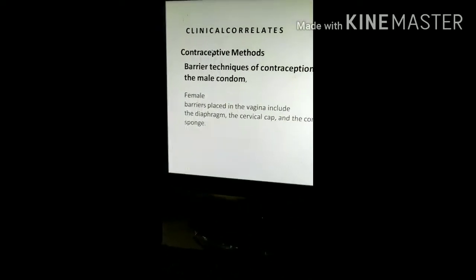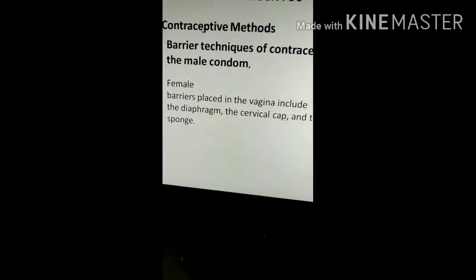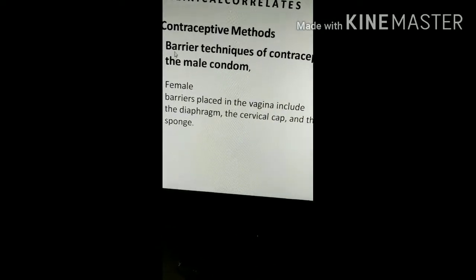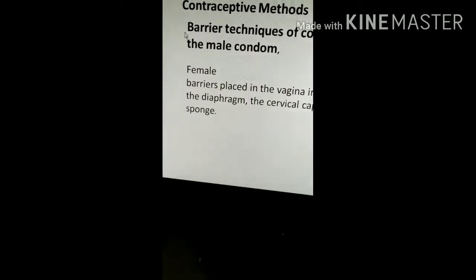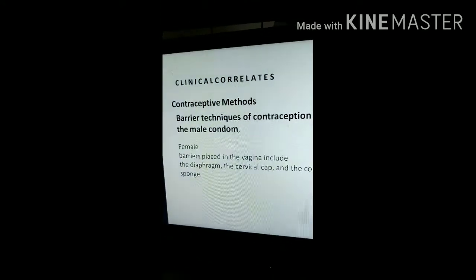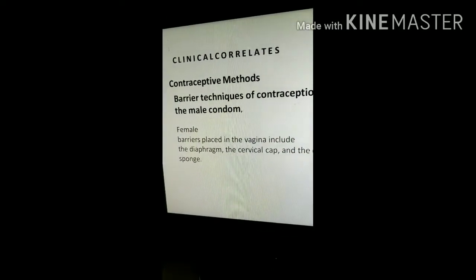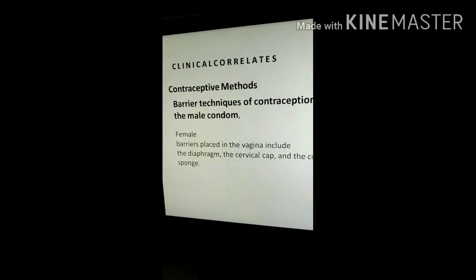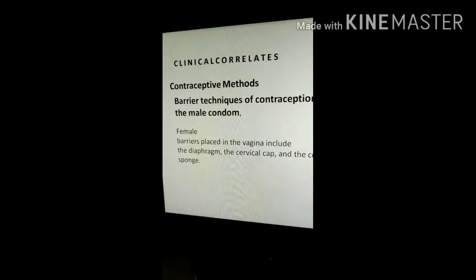The fertilization can be stopped either temporarily or permanently. By the knowledge of fertilization, we can help couples who want to maintain family planning either temporarily or permanently.